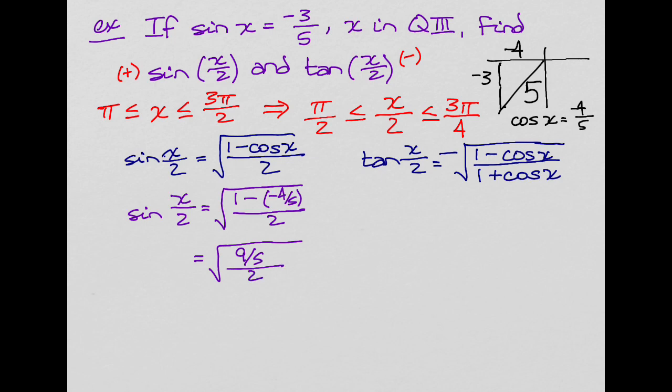Dividing by 2 is the same thing as multiplying by 1/2. The square root of 9, we can do that one. The square root of 9 is 3. The square root of 10, not so much, so we'll just leave it down there. It's okay if you don't rationalize. And there is the value of sine of x over 2.